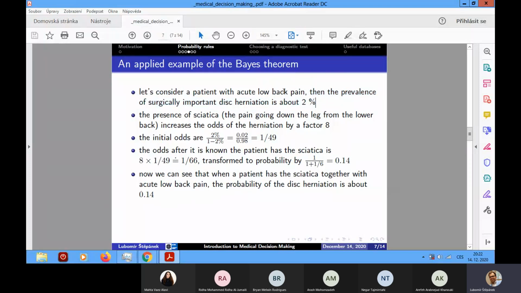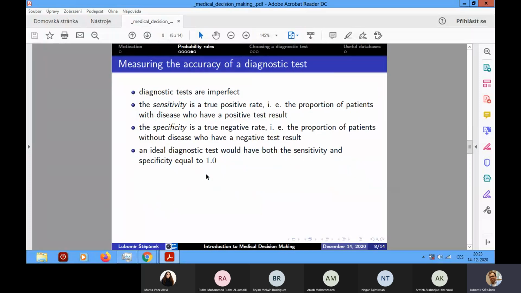Maybe this is a little bit high because it's just acute back pain, but sometimes you also get acute back pains, and they just disappear after some time. But when it is together with sciatica, the probability is sometimes higher, and it could be followed by other diagnostic processes like CT or MRI.